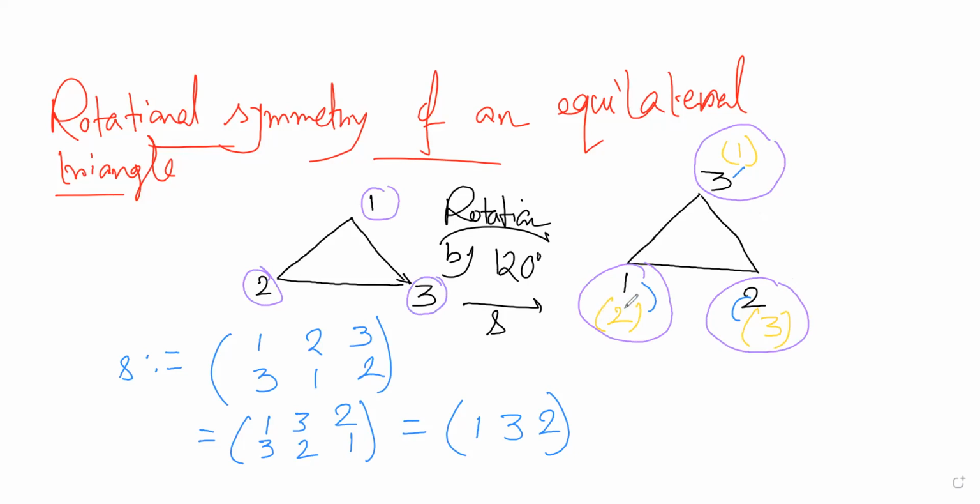The appearance of the triangle didn't change at all after this rotation. Only the vertices changed because I gave them names. This is the rotational symmetry I defined last time. May I recall the definition? What is rotational symmetry?